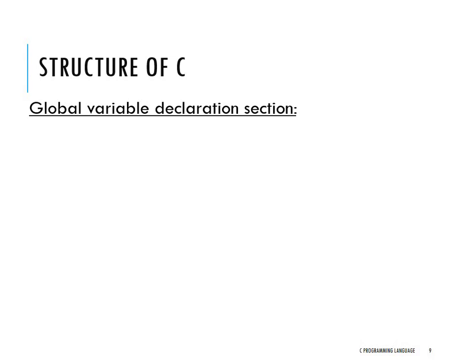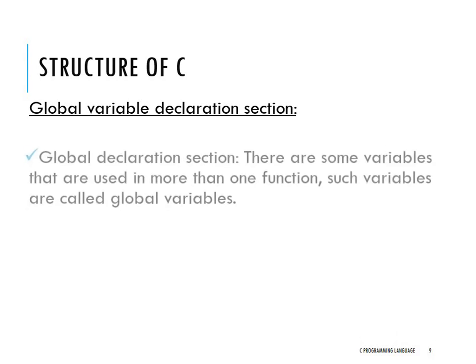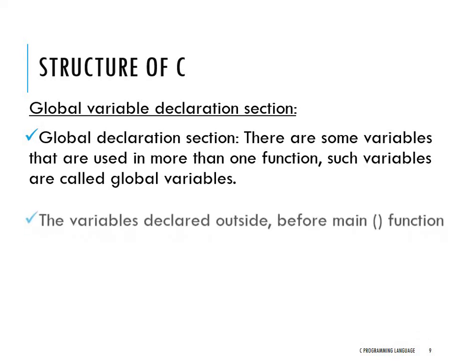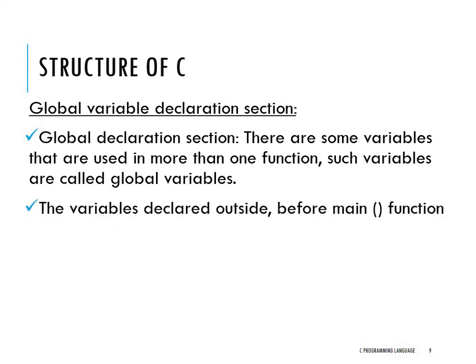Next we are going to see about global variable declaration. There are some variables which we use in more than one function. Such variables we can call global variables. The global variables are declared outside of the main function or before the main function.